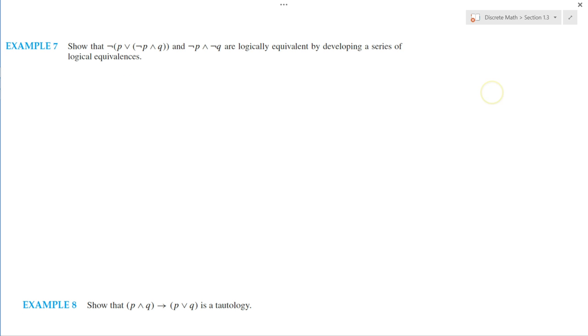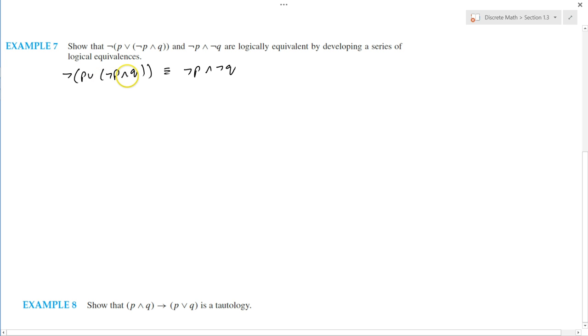So here the equivalency of the two statements, let me rewrite this into mathematics. So basically I'm asked to prove not P or not (P and Q) is logically equivalent to not P and not Q. Okay, so I'm going to identify this as the left hand side, and I'm going to identify this as the right hand side, and I'm going to now choose one of those strategies.